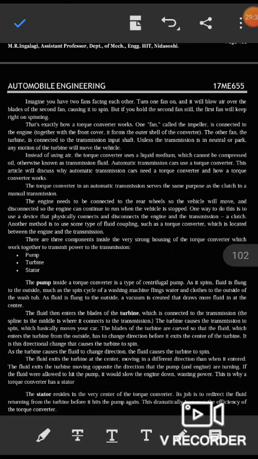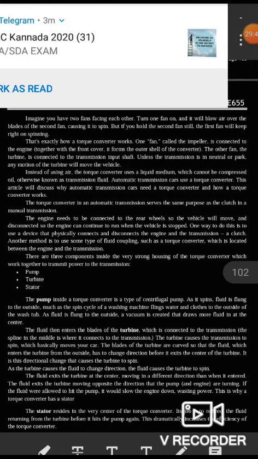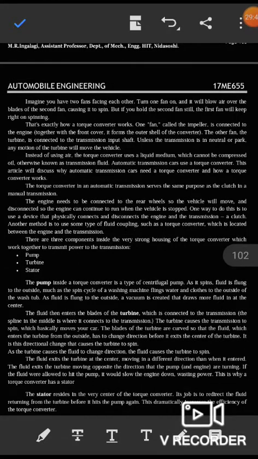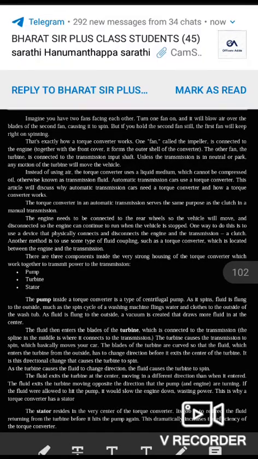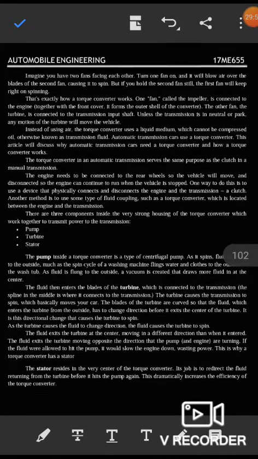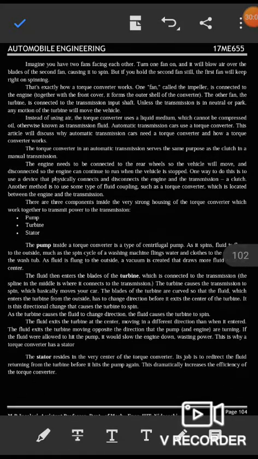One way to do this is to use a device that physically connects and disconnects the engine and transmission, a clutch. Another method is to use some type of fluid coupling such as a torque converter, which is located between engine and transmission.